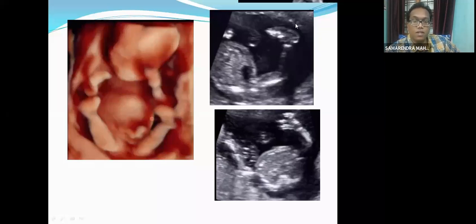Also observe that due to congestion, the plantar arch is looking everted, a rocker bottom foot is present. And the lower right side image shows both the hands in fixed contracture at the level of the elbow.